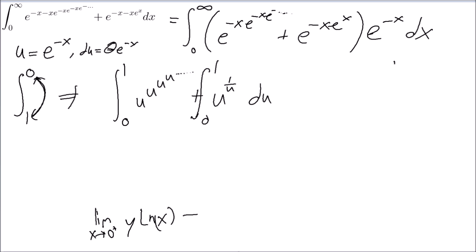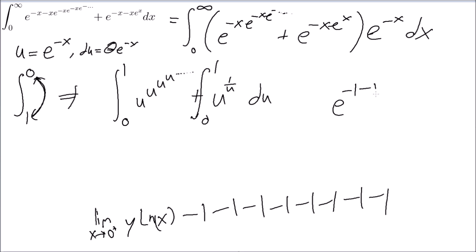But essentially we're going to get -1, do another L'Hopital, -1, -1, -1, and then we end up with the limit equals e to the power of -1, -1, -1, and then this becomes this.